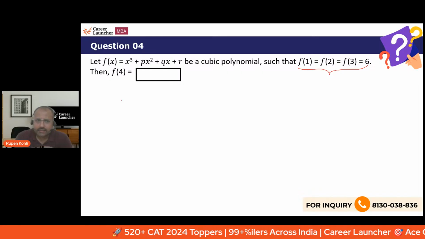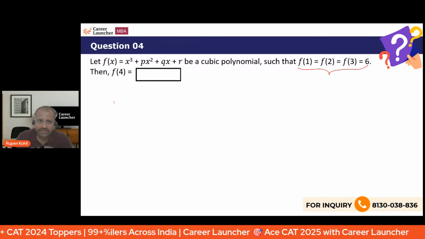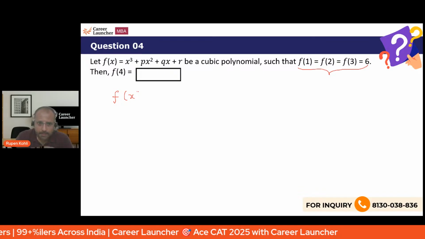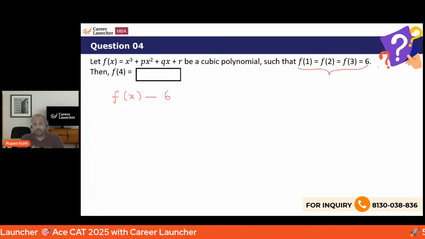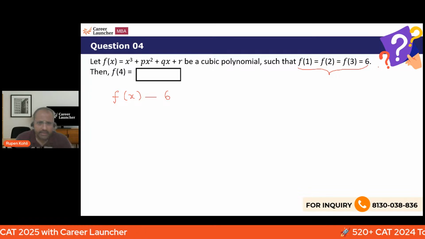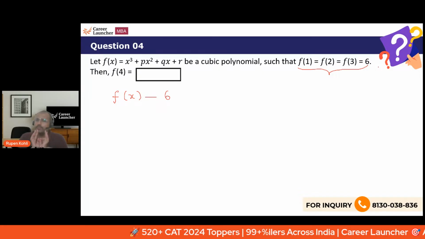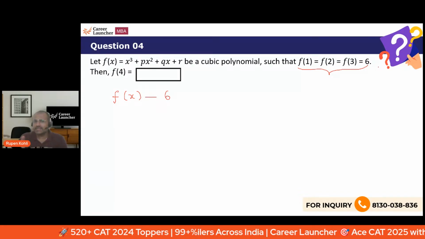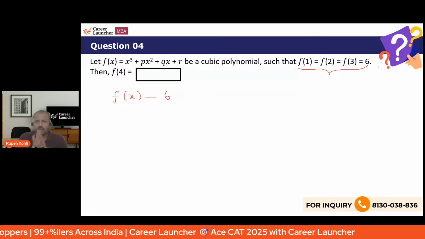Can I say that if I define an expression which is f(x) minus 6, because I have seen this number 6 being the value of the function for 3 values. If I just think of what f(x) minus 6 would look like as a cubic polynomial, obviously f(x) minus 6 is also a cubic polynomial. How should that look?